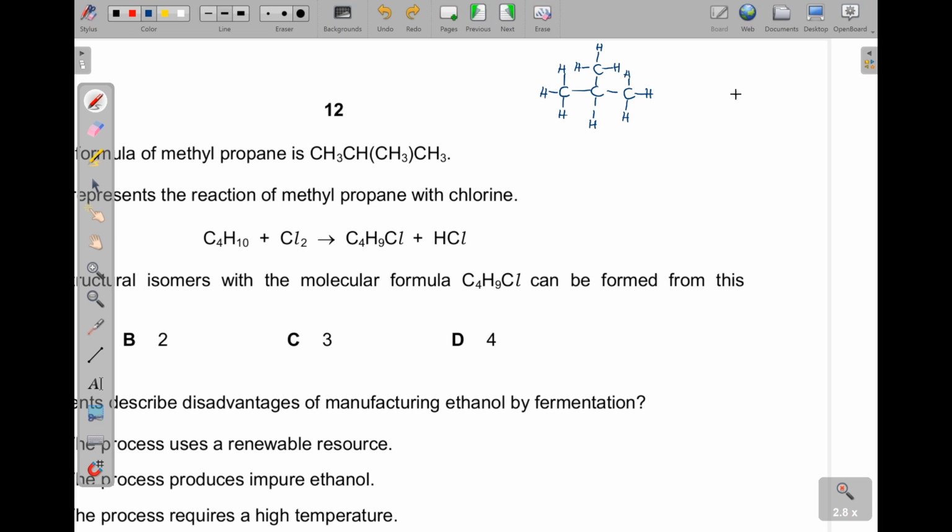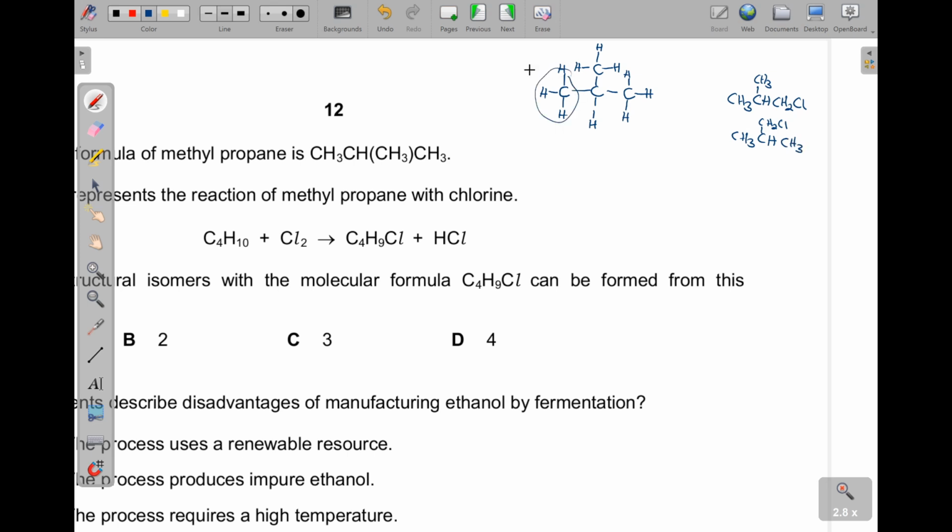So we can have CH3CH, then CH3, then CH2Cl, where one hydrogen is substituted with chlorine. That is one. Then I can substitute any of the other hydrogens, so I can have CH3CH with CH2Cl and then CH3.